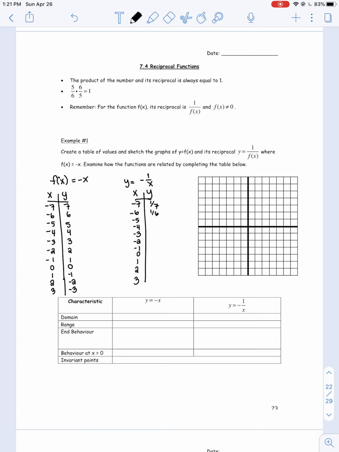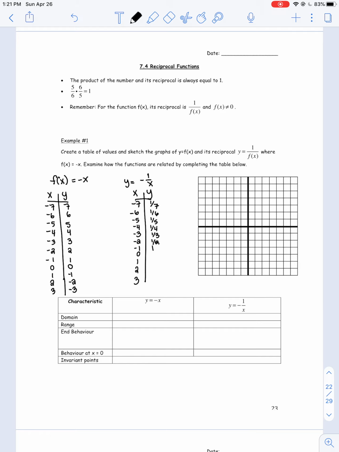If we put in negative 6, we get 1 over 6. If we put in negative 5, we get 1 over 5. Negative 4, we get 1 over 4. Negative 3, 1 over 3. Negative 2, we get 1 over 2. Negative 1, we get positive 1.